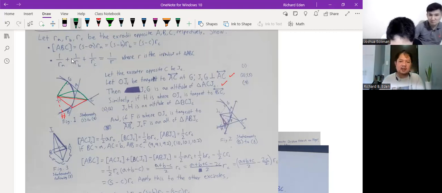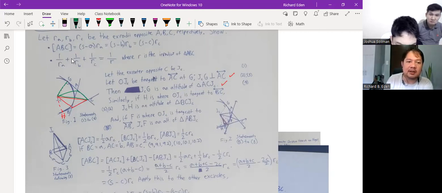And then if F is where JC is tangent to AB, then JCF would be an altitude of ABJC. Let me go back to red for marking. Okay, so JF is an altitude.